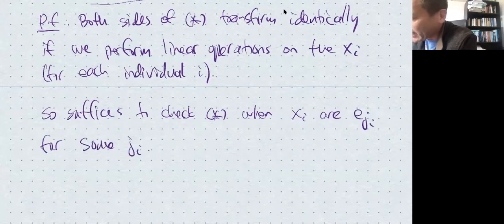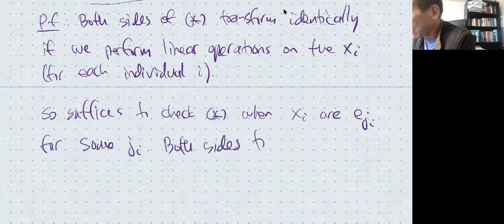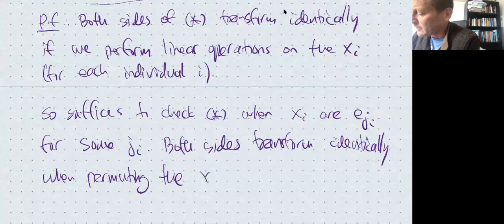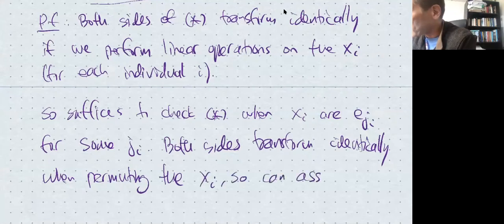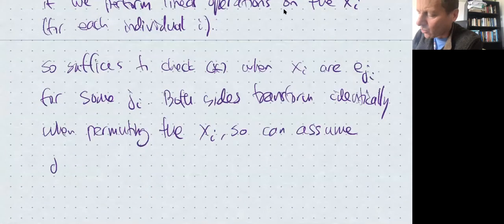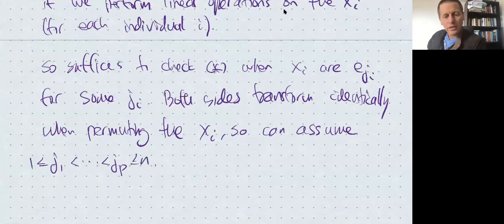And again, both sides transform in the same way in permuting the xi. So we can assume that j1 is less than, etc., less than jp. So we reduce ourselves to exactly this case.